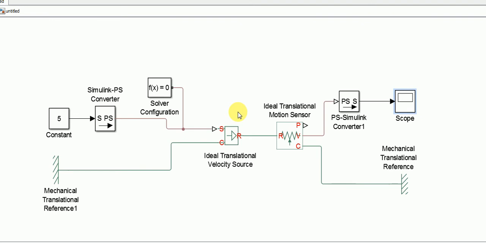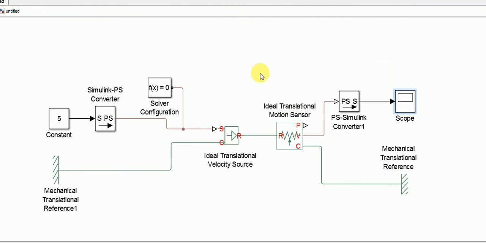If it is a complicated model, and we have lots of different units, in this case this solver will convert all the quantities of different units into the same unit, and then it will solve, and then at the output it will again give the answer in the required unit. So that's why we are adding this solver configuration in Simscape.